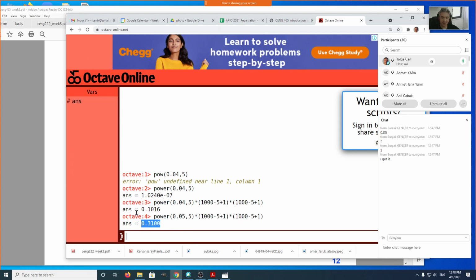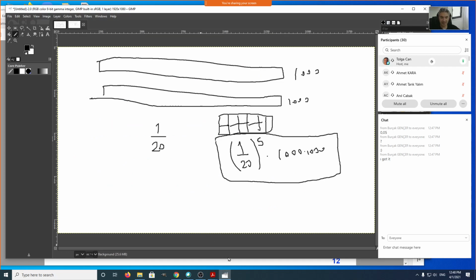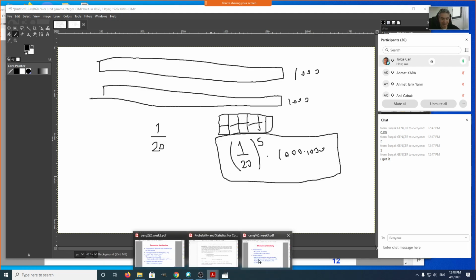What I mean is that the expected number of observing this is 0.3. I'm observing something, and it may be a little bit surprising, maybe not too surprising. The expected number is 0.3, which is less than 1. But when you observe a matching run of length 5, it may not be that surprising.